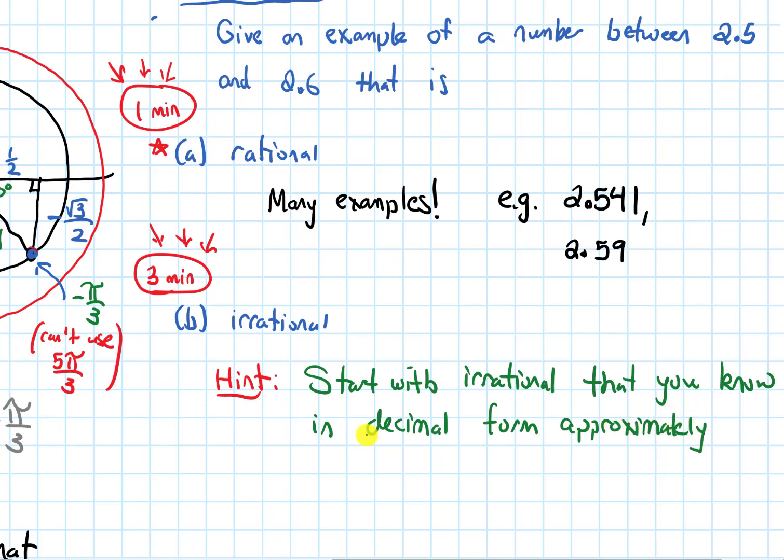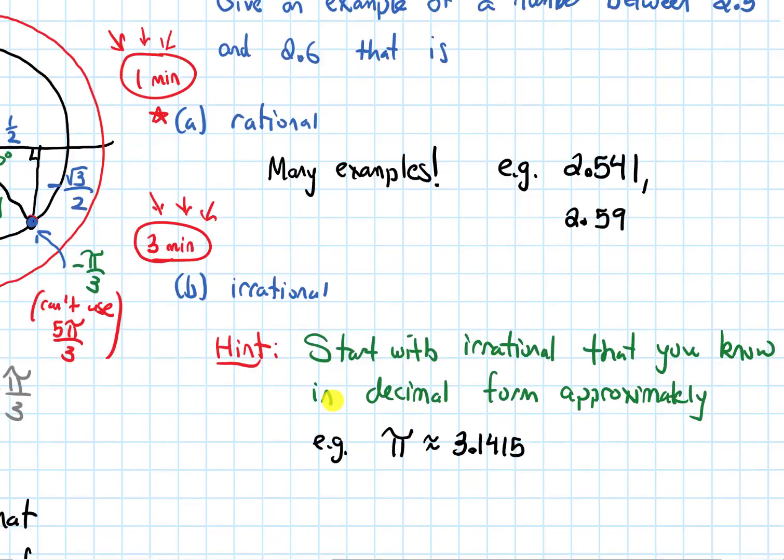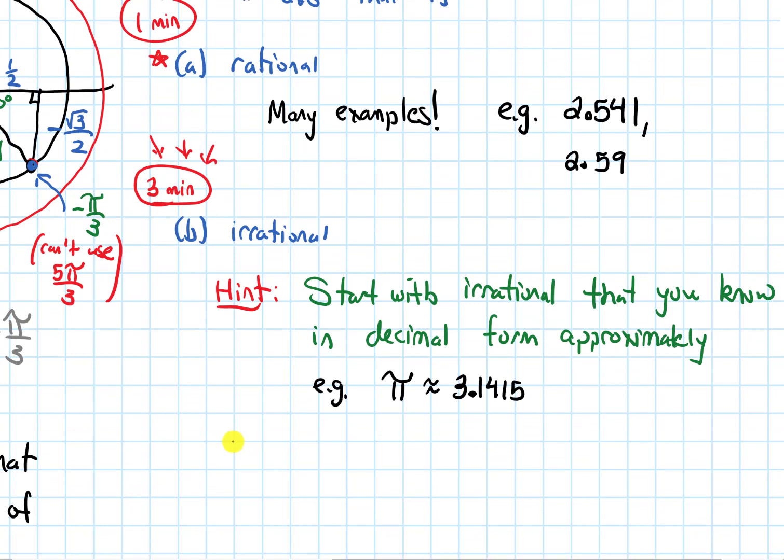And it's helpful if you know at least a couple of decimal digits. So maybe pi. So for example, pi is approximately 3.1415.